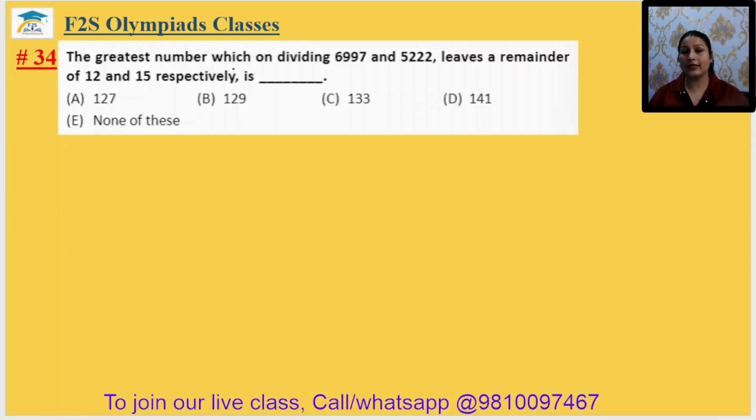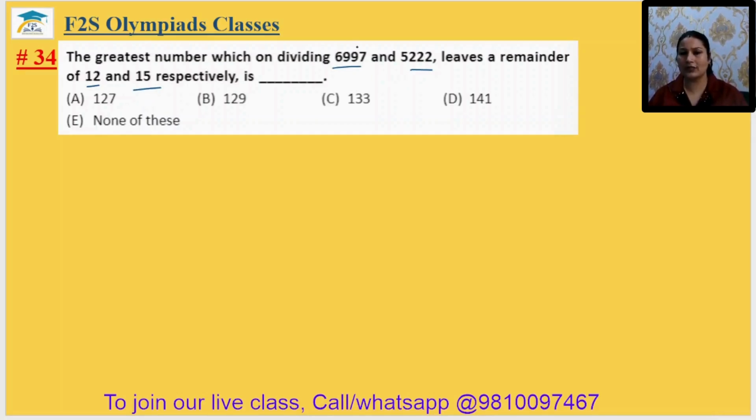34. The greatest number which on dividing this and this leaves remainders of 12 and 15. So we have to find a number which divides this and this, but the remainder should be this and this.